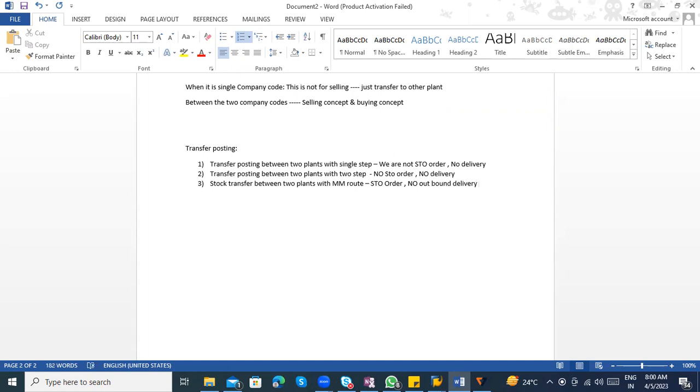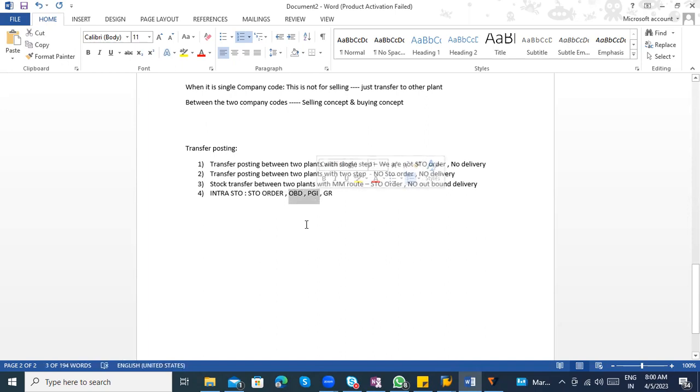Clear? Okay. Now, whatever above we are talking about, that is intra STO. Intra STO has the STO order, then OBD, outbound delivery, and PGI. Then we have the goods receipt. So in this intra STO, the major difference is that we have the STO order and we have the OBD and PGI.